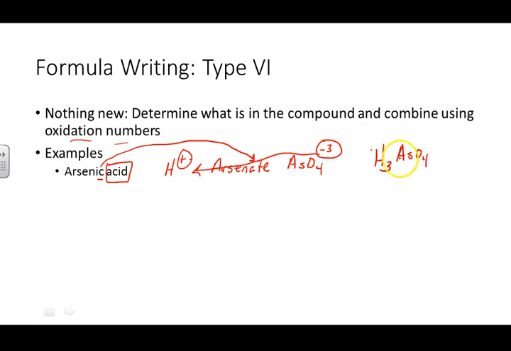But it is important to note that in the arsenate, we're saying that we have 1 of everything there. So I've got parentheses there. These parentheses are not needed in this specific case, but we're saying we have 1 of everything here. So the final formula is actually H3AsO4.